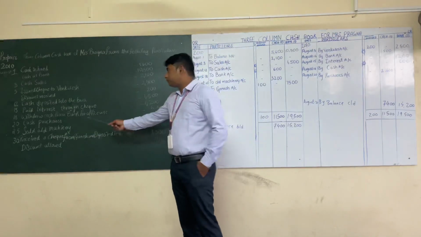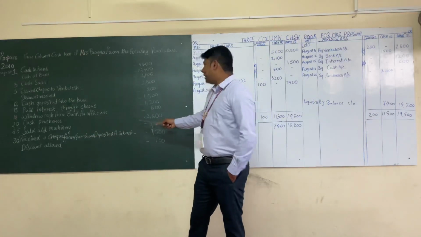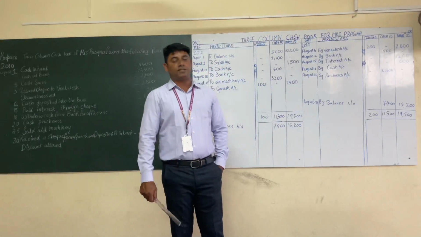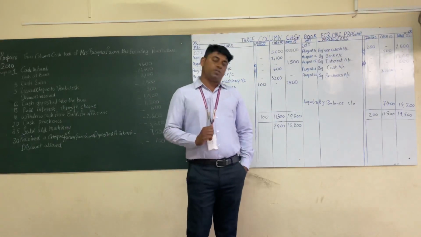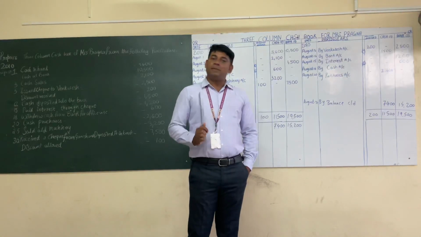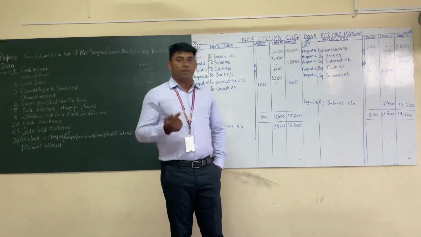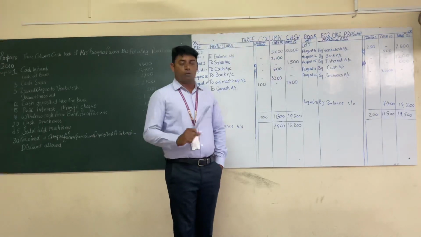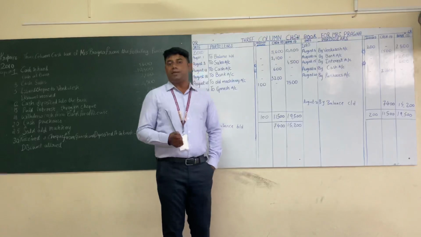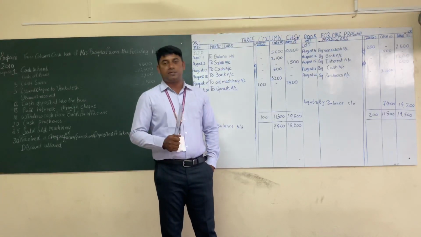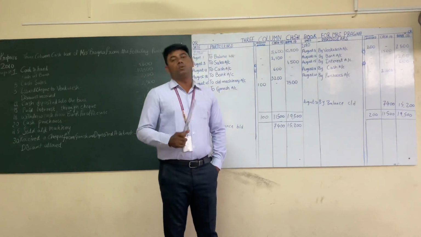And next one, 20th, cash purchases, means we purchase goods on a cash basis. Once we purchase goods, what is coming or what is going, we have to see. If you purchase goods, goods are coming naturally and the cash goes out. So both are related to the real account principle, because they are asset categories. Here purchase account debit to cash account.